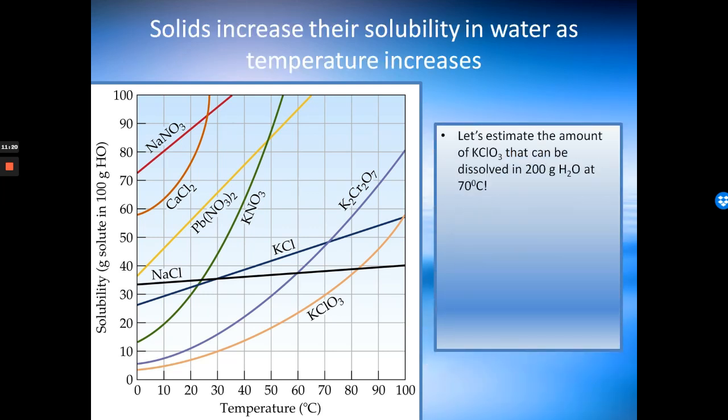So let's estimate the amount of potassium chlorate that can be dissolved in 200 grams of water at 70 degrees Celsius. So we're going to look at potassium chlorate, 70 degrees Celsius.